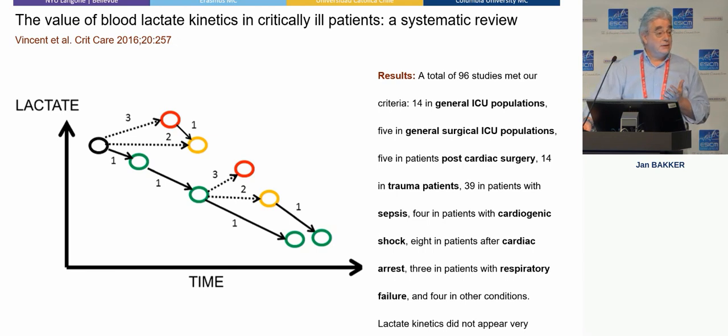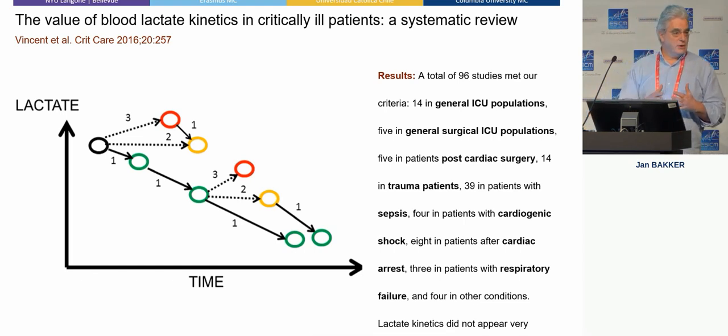And he found 96 studies. And these 96 studies basically covered every patient, every, let's say, diagnostic category we have in the ICU. General population, ICU, general surgical, post-cardiac surgery, trauma patients, sepsis, cardiac arrest, respiratory failure, let's say our common ICU patients that we see on a daily basis.